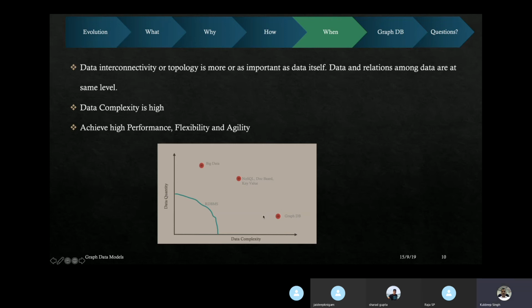GraphDB comes in where the complexity is quite high, but if the volume grows, your graph becomes more and more complex. Since your graph becomes more complex, the querying of the graph and the amount of subgraph you are querying also increases.